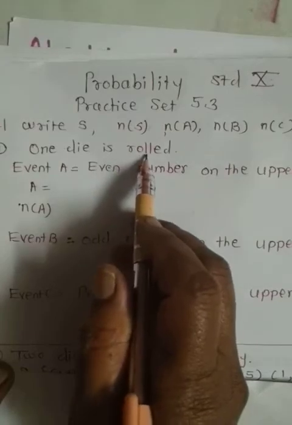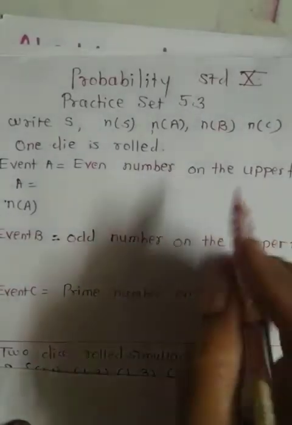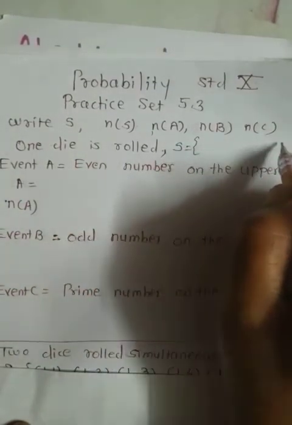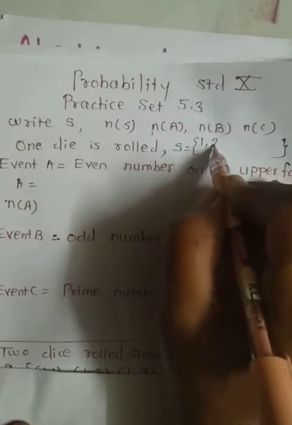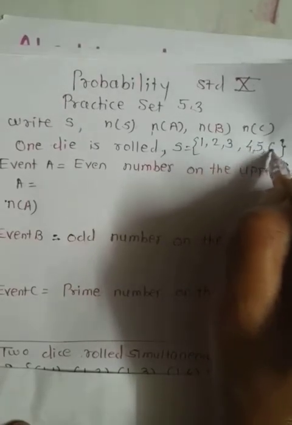The random experiment is given as one die is rolled, and that's why we have to write its sample space. S is equal to, as die is rolled, we have to take the sample points 1, 2, 3, 4, 5 and 6.